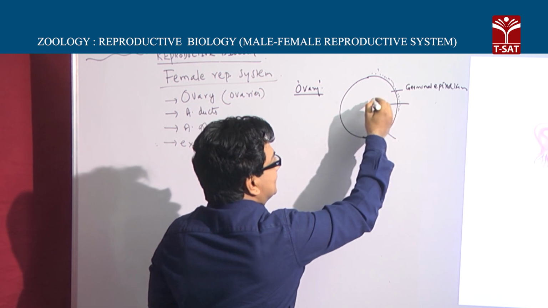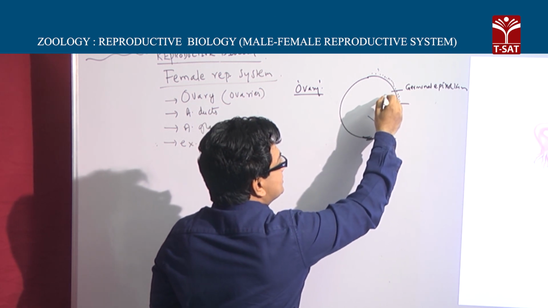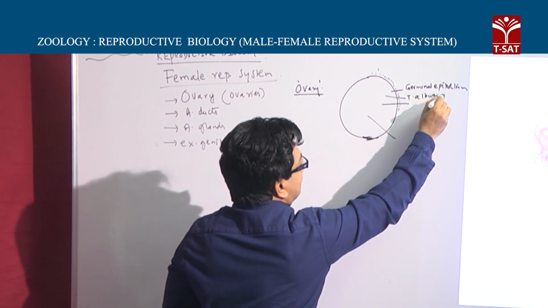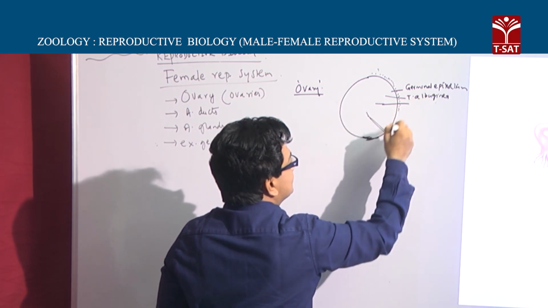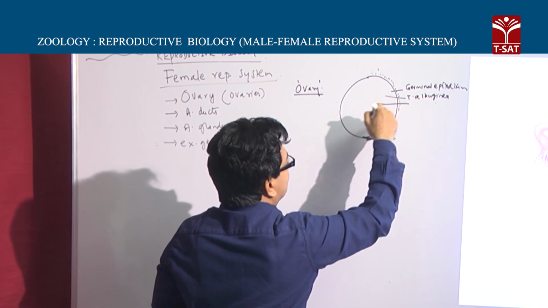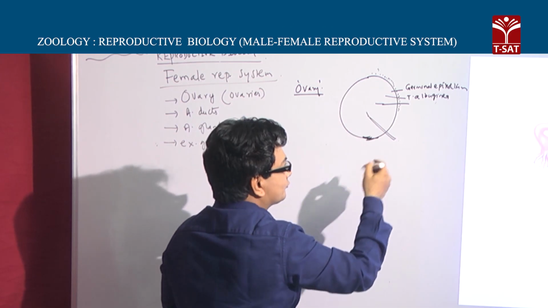After the germinal epithelium, there is tunica albuginea, and the next one is the stroma. See, I put two lines here. One is the outer part of the stroma, the other is the inner part of the stroma.